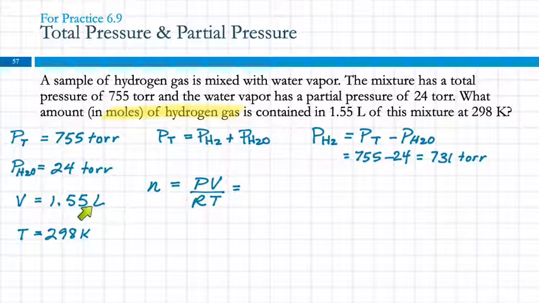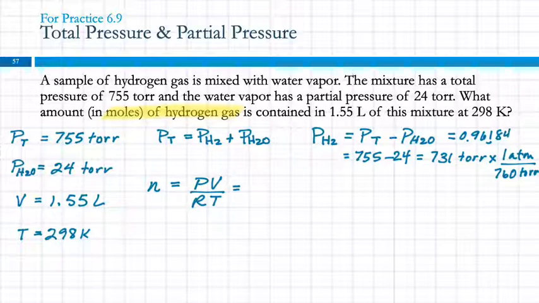I've got Kelvin and liters, but my pressure is in torr, so I need to convert that to atmospheres. 1 atm over 760 torr. 731 divided by 760 is 0.96184 atmospheres.